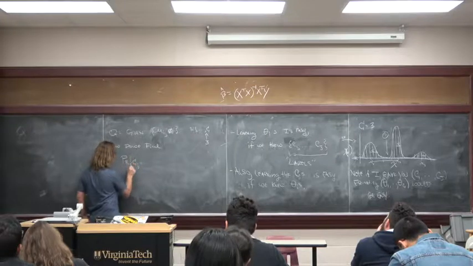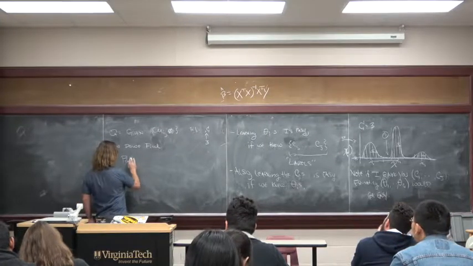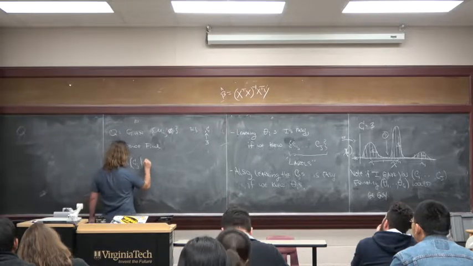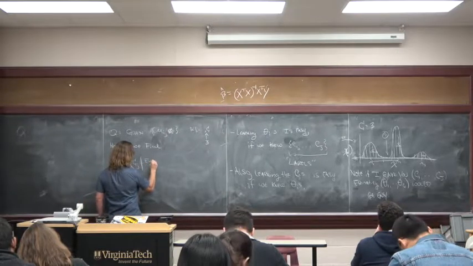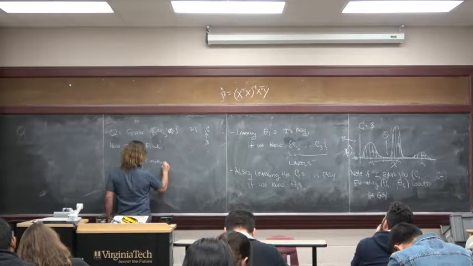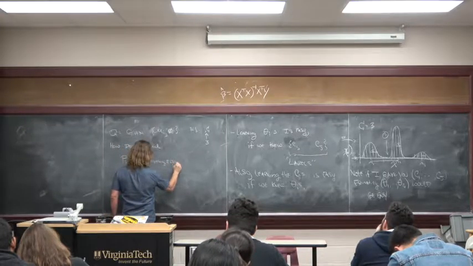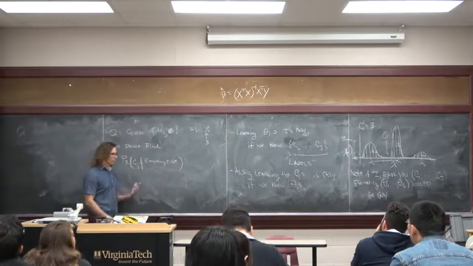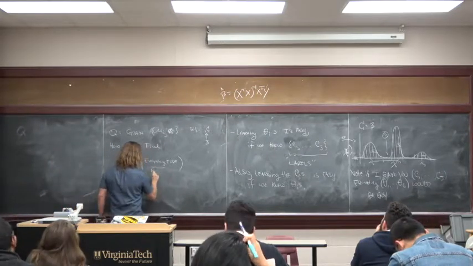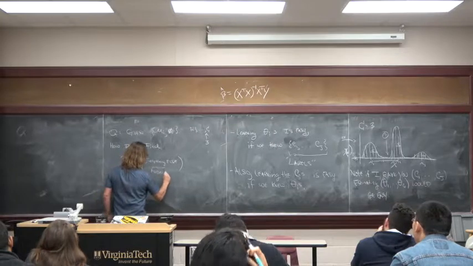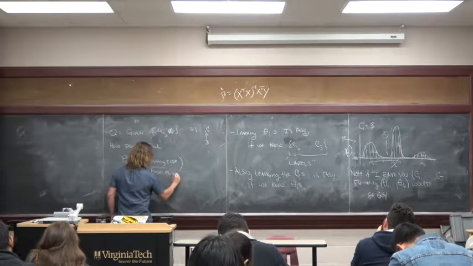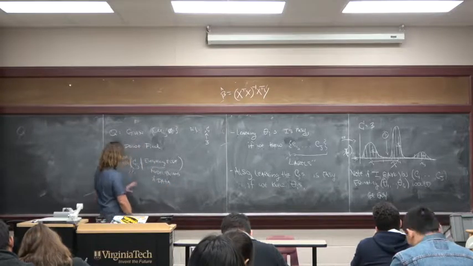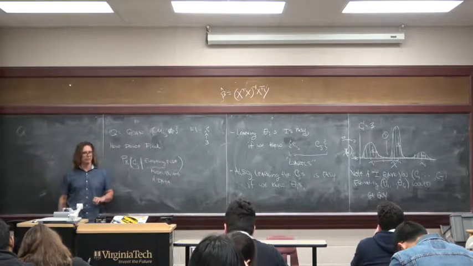So the probability of Cj being equal to something given everything else. So if I know everything else, model parameters, and data, that's what I mean by everything else, how do I figure out what this probability is?